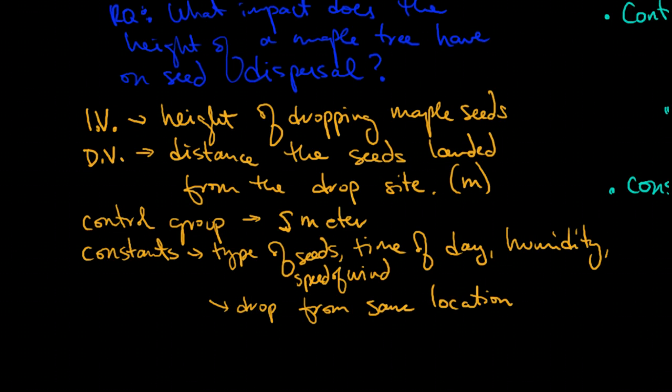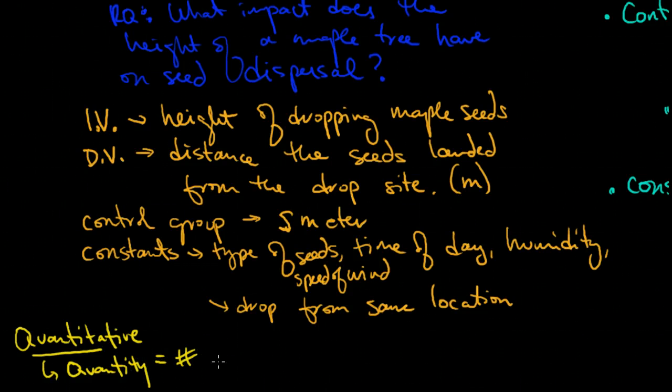Now, I want to talk very quickly about the second one, the qualitative versus quantitative. So quantitative is like quantity, and that's really a number. So when we're talking about how much of something, when we answer that question, we're talking about quantitative data.